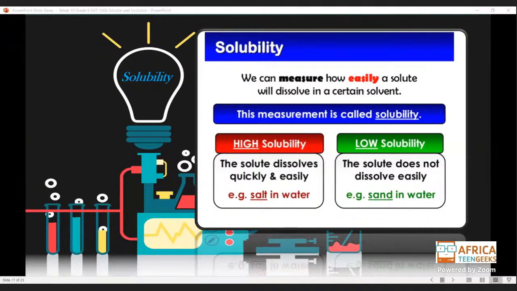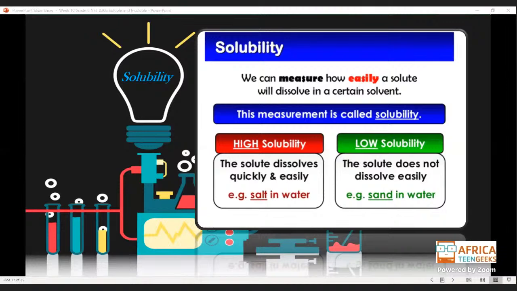All right, so something can dissolve quickly, something can dissolve slowly. For example, if you put salt, and remember what we talked about, agitation and stirring and temperature, etc., to dissolve something.